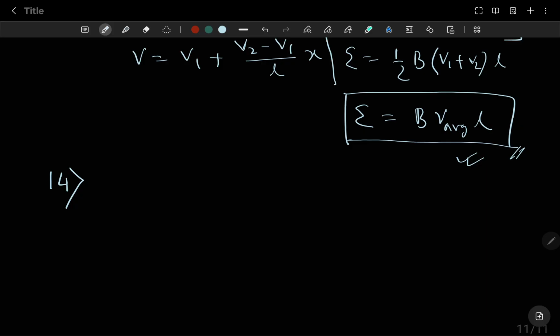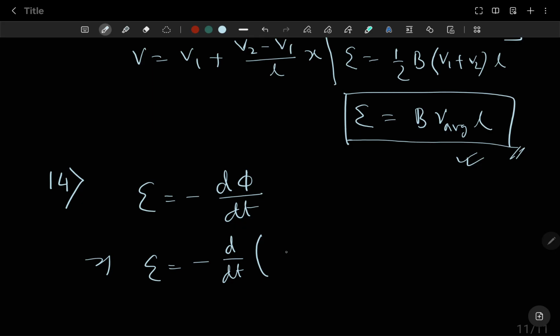It is very elemental. Simple Faraday's law. So epsilon is minus d phi by dt. So you just do minus d by dt of phi, that is B into area.